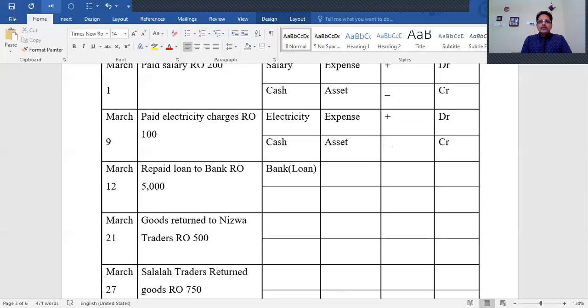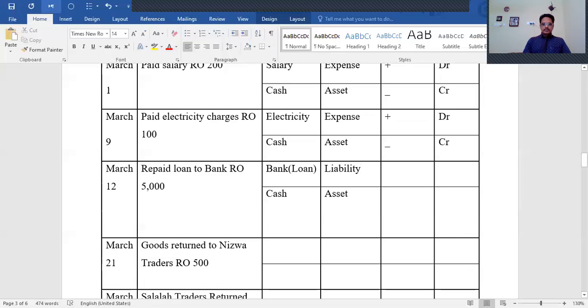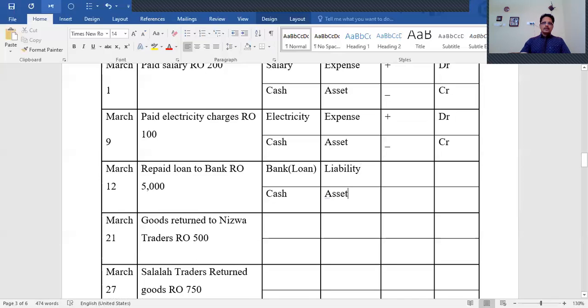So when you repaid the loan, there are two accounts. One is bank and second is cash. Now bank loan is a liability, and cash is an asset. When you take a loan from the bank, your liability increases. Now, when you repay the loan, this is repayment, not taking.